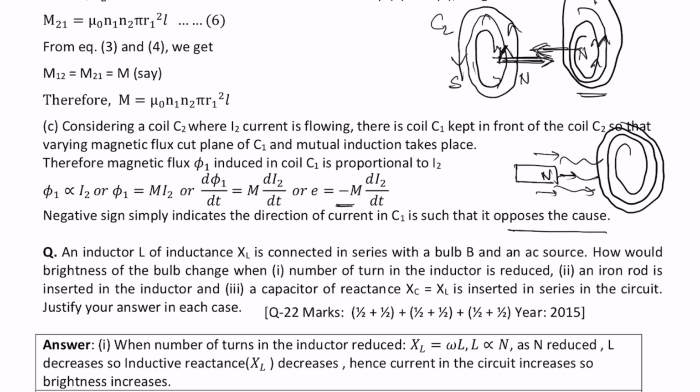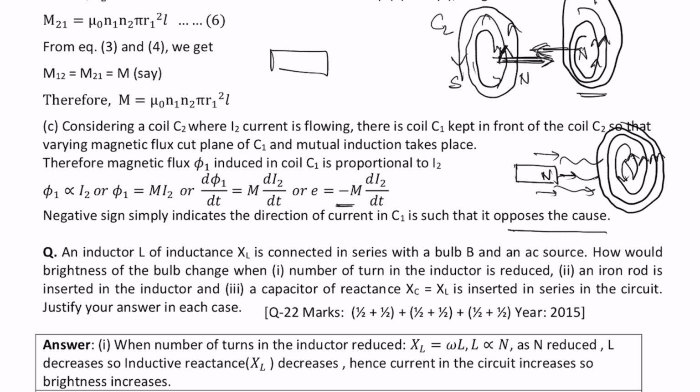Okay, flux is cutting this coil, so therefore the EMF will be induced. Now it will produce EMF in such a way that a north pole is produced here in this coil. So if we write N in this way, it means the direction of current will be like this, correct? Direction of current is like this. So then only a north pole will be produced.